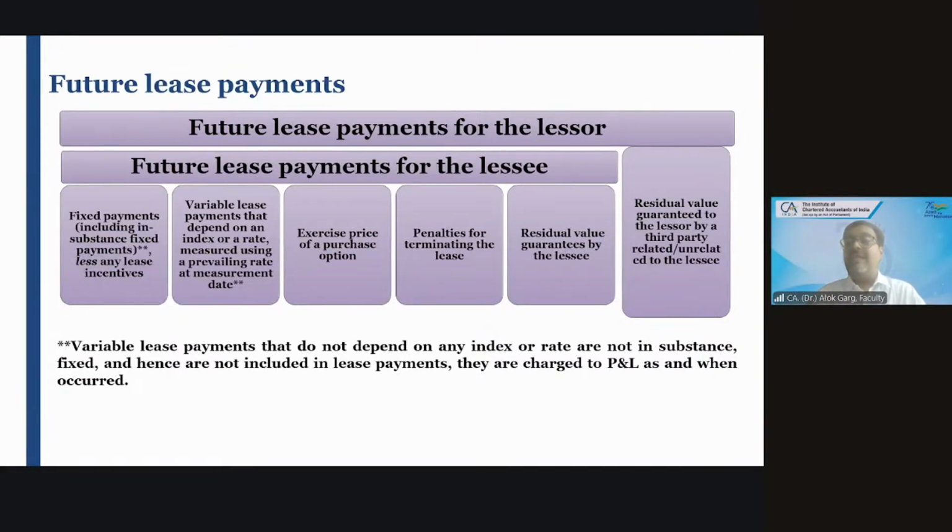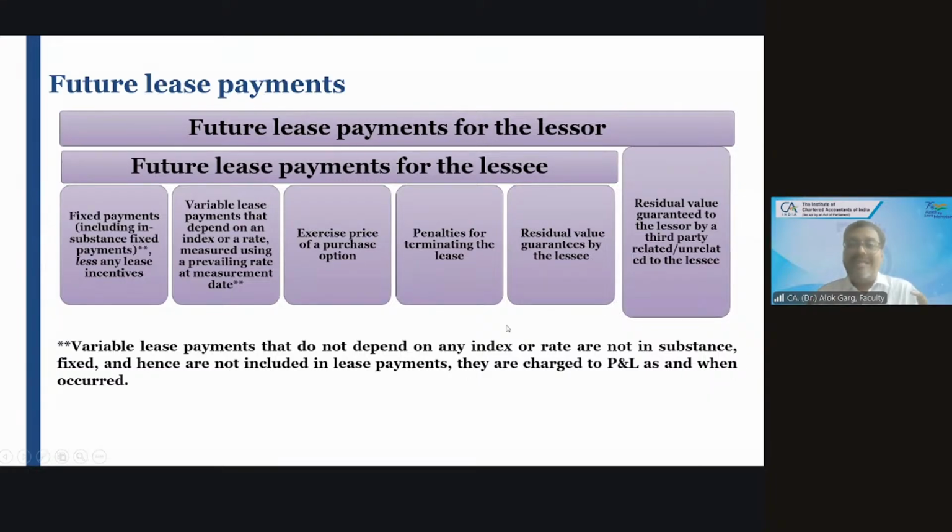Less any lease incentive. Sometimes the lessor gives you some incentive. When the lessor gives you some incentive, you are getting something from the lessor, so it will become lease incentive.